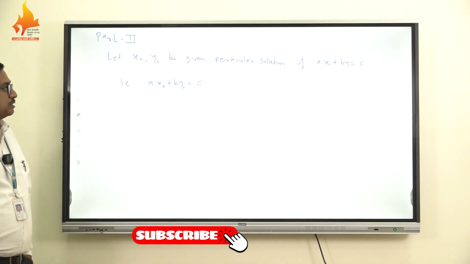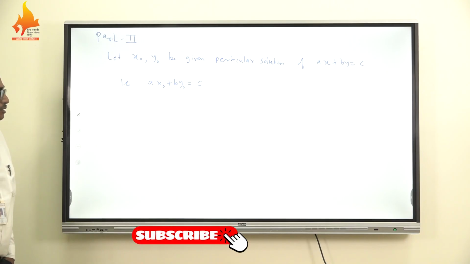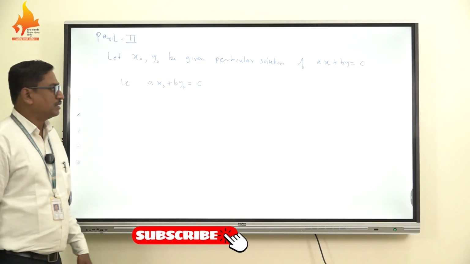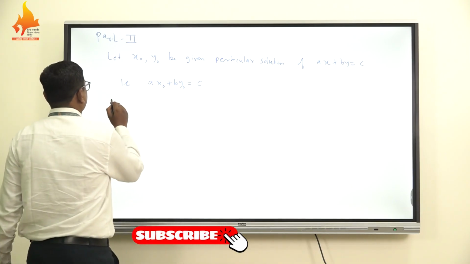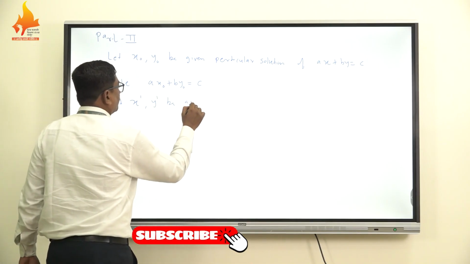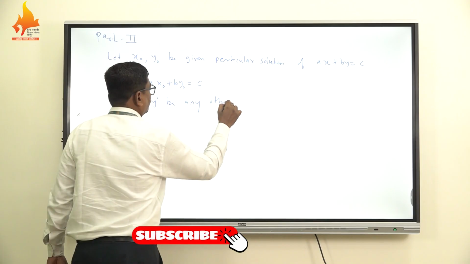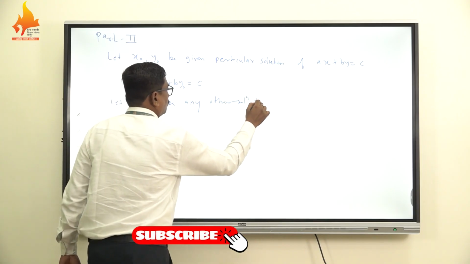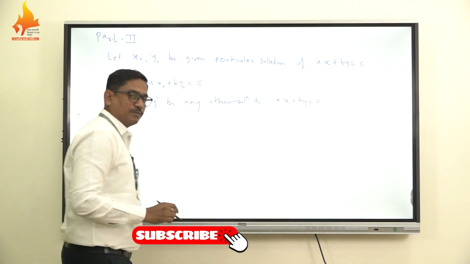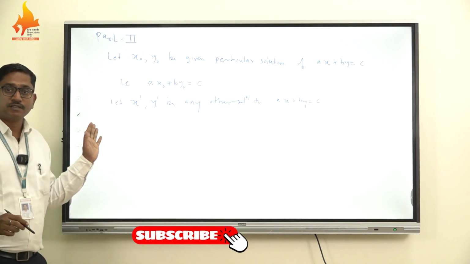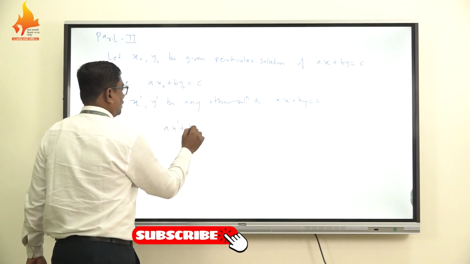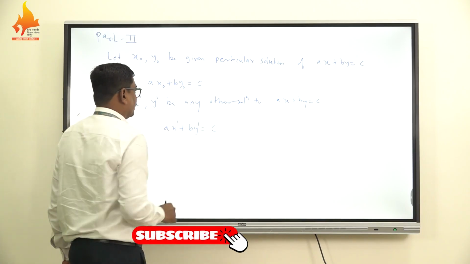Whatever x and y are found, if you substitute x as x naught and y as y naught in that linear Diophantine equation, it must equal the right hand side, that is c. Okay, let x dash, y dash be any other solution to the given linear Diophantine equation. What it means is this x dash, y dash must satisfy the same statement, that is a x dash plus b y dash must be c.